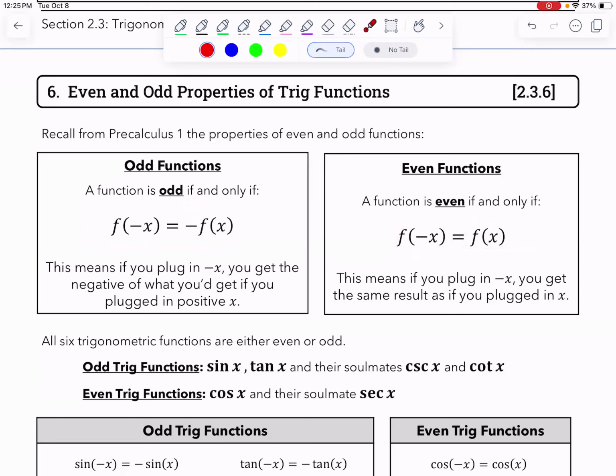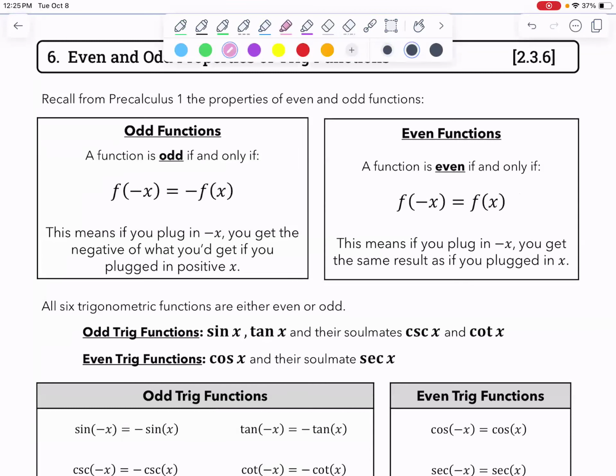All 6 trigonometric functions are either even or odd. The odd trigonometric functions are sine, tangent, and their soulmates as well, because soulmates are all the same. So cosecant and cotangent, those are all odd.